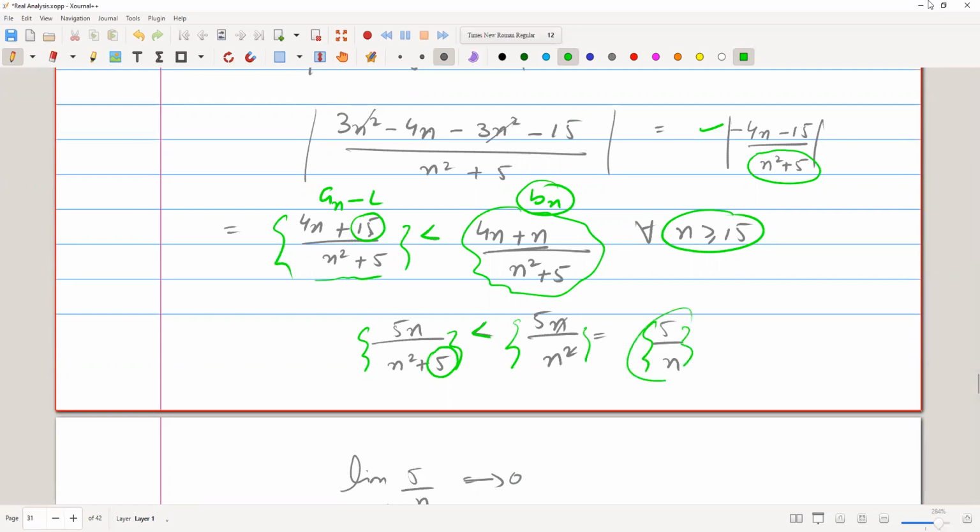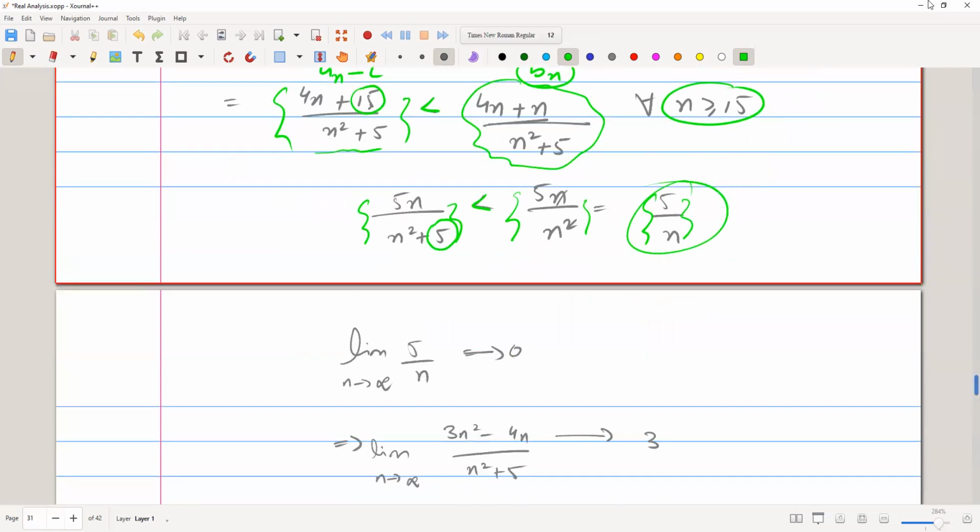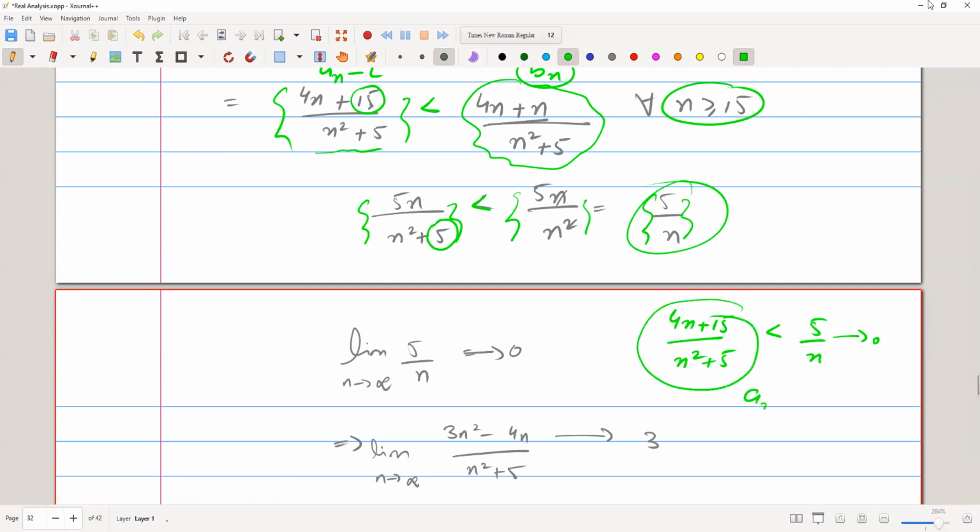We know that the limit as n tends to infinity of this thing goes to 0. So 4n plus 15 over n squared plus 5 is less than 5 over n, and this goes to 0, which implies that this An minus L, that is less than or equal to Bn, also converges to its limit. An is converging to its limit L.